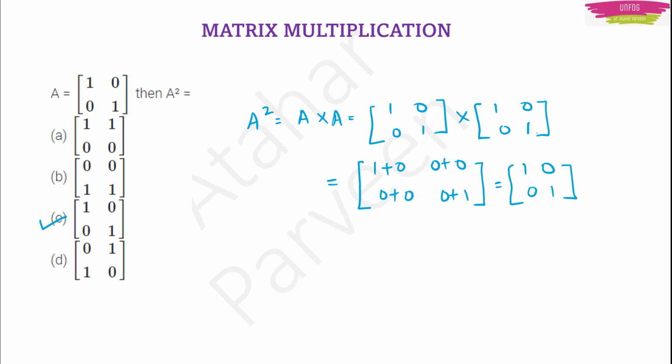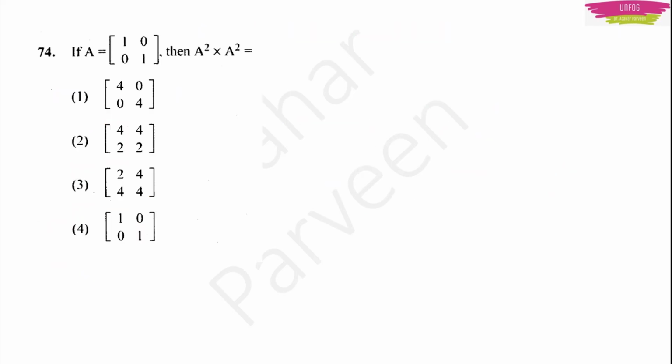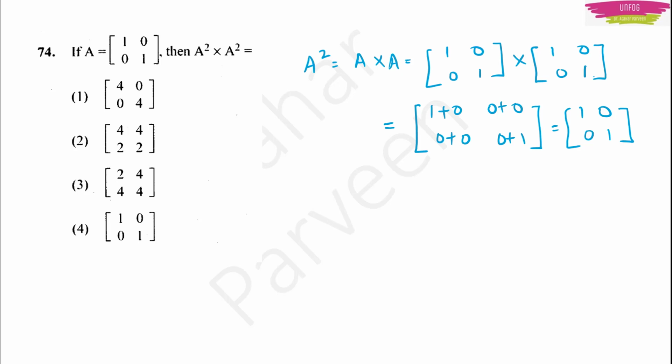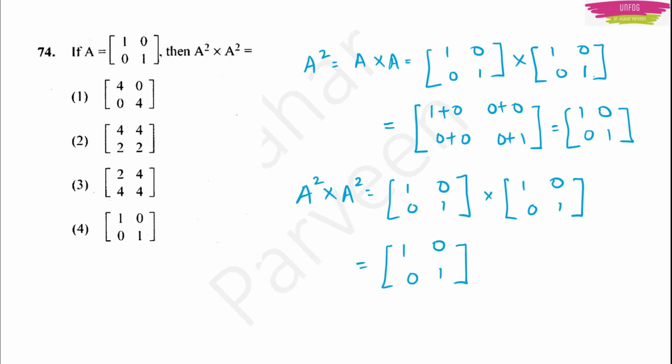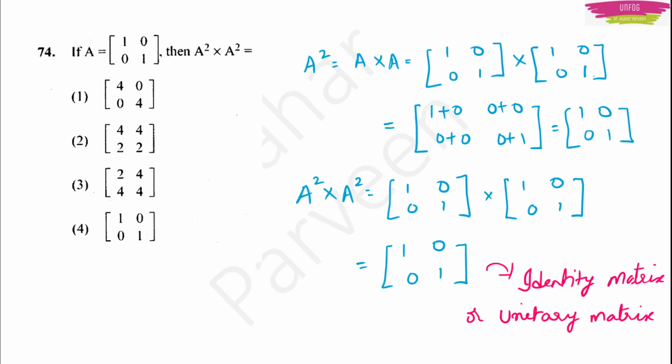Now taking this same example, I will give you another example. You have to find A square into A square. First you find A square, then again you multiply that A square with the A square, the same two matrices. You will get the same answer 1 0 0 1. So this matrix is known as an identity matrix or unitary matrix.